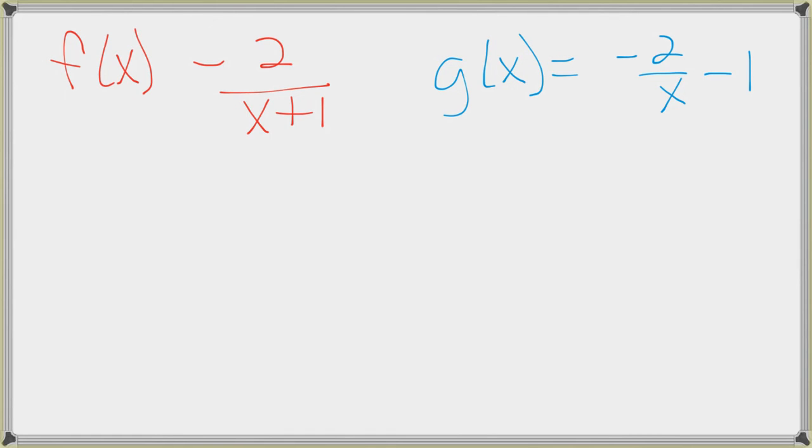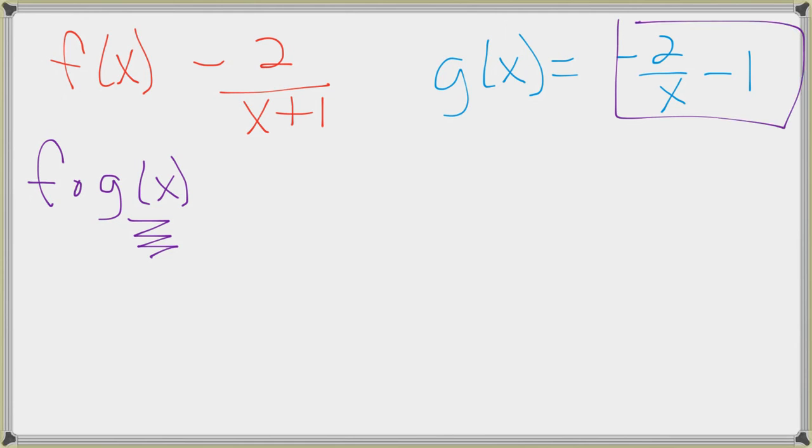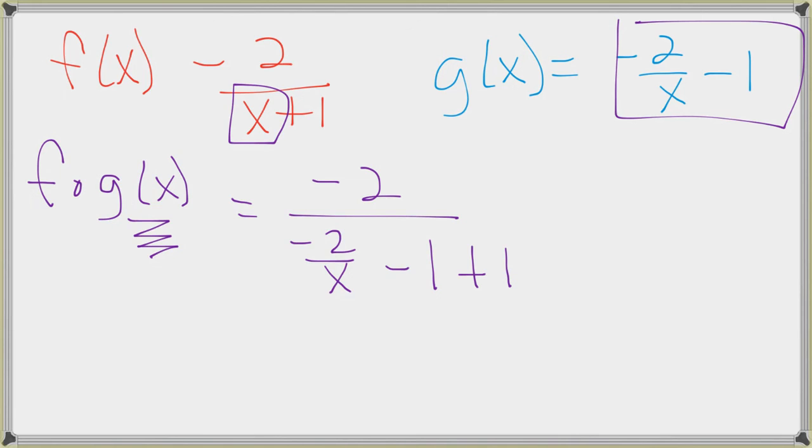Okay, to verify if these are inverses or not, we're going to use composition of functions and do f of g of x and g of f of x. So g of x is negative 2 over x minus 1. It's the blue function. We're going to take that whole blue function and plug it in for the x in the red function. So I have negative 2 over, now put that whole blue thing on the bottom, negative 2 over x minus 1, and then the plus 1 comes from the red.